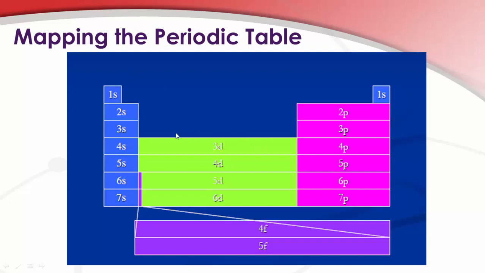We can see that our transition metals involve the filling of the d orbitals. We can move over to the right hand side and see the p orbitals being filled, and the lanthanides and actinides involve the filling of the f orbitals. So now we can actually see why the periodic table is grouped the way it is, and we can start to take these properties and look at them in a new light.